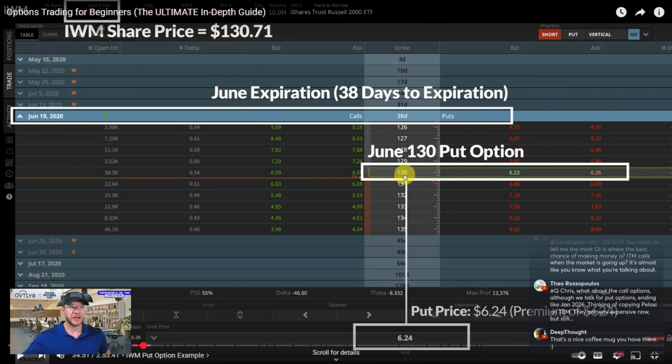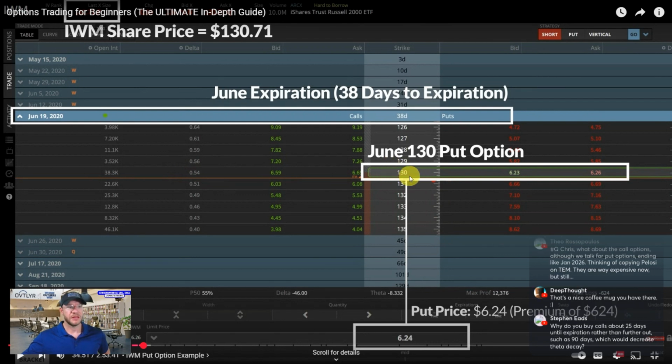Now, keep in mind, at the money is basically a 50 delta, give or take a couple pennies here or there. What that means is that the equivalent move is about 50 cents on each dollar the underlying stock moves.